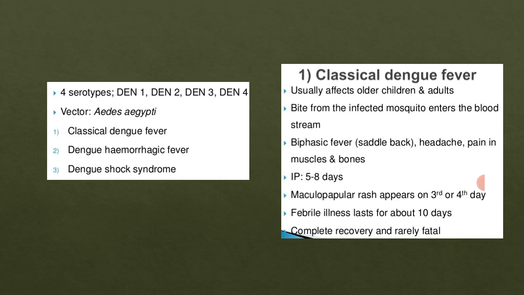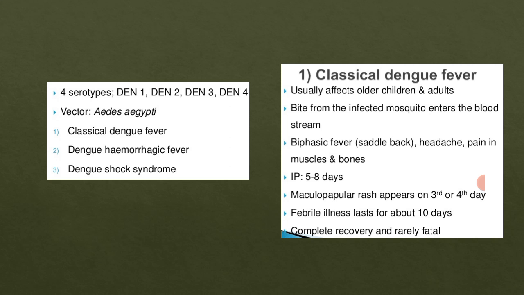First, we will study classical dengue fever, the normal, general dengue fever that we get, the primary one. This mostly affects children and adults, the older children, teenagers and adults. A bite from the infected mosquito will infect the host.